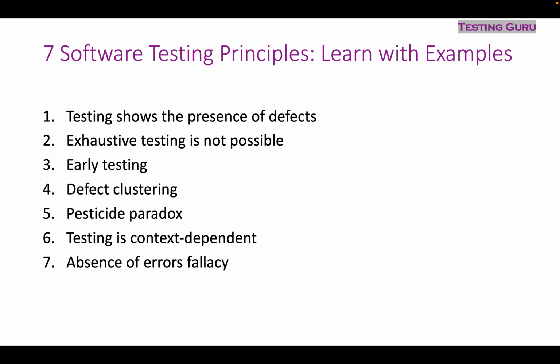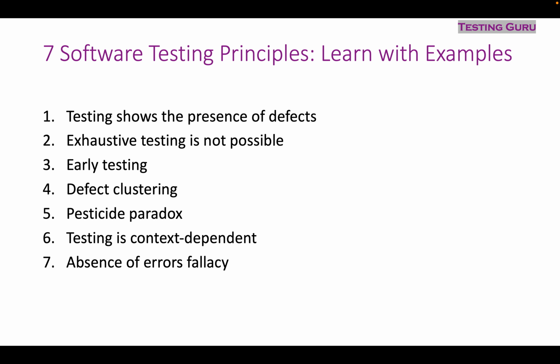But how early should one start testing? It is recommended that you start finding bugs from the moment the requirements are defined. We'll learn more on the principles later. Okay, testing is context dependent. So what does this mean?